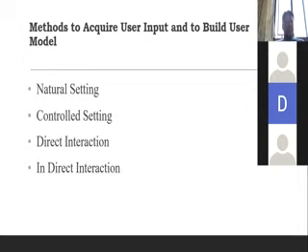Based on this, there are two basic types of evaluation with respect to whether or not direct interaction or indirect interaction with the user is used, and later on it can be combined. So these are the two types of evaluation: direct interaction and indirect interaction.